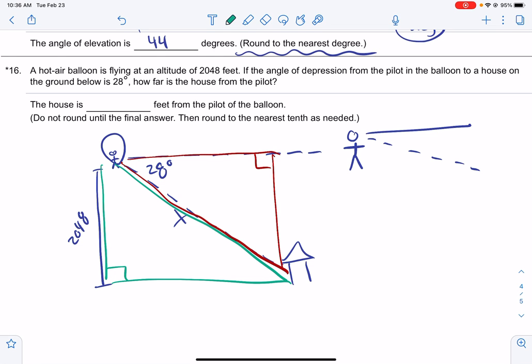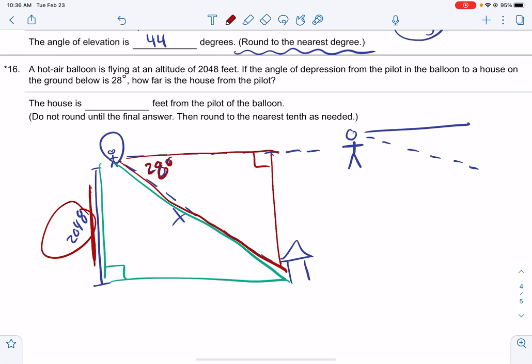I would prefer to use this red one because I already know that this angle is 28 degrees and it's inside that red triangle. And then all I have to do is transfer the information from this triangle to the other. Like, for example, this length right here is the same as this length right here. So I can say that this is 2048.